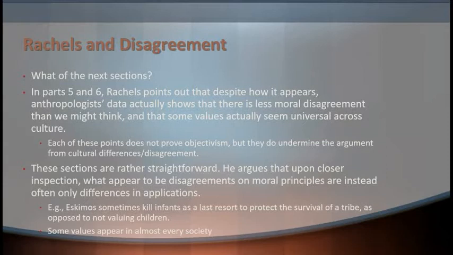And so, initially, an anthropologist or a relativist might take this as evidence that, well, Eskimos think that it's okay to kill children. We don't. Therefore, here's an example of significant moral disagreement, evidence that seems to count against the idea of a universal moral standard. But Rachels points out that if you dig deeper into the anthropological information about how their culture is, then you'd see that there's really not so much difference anymore.